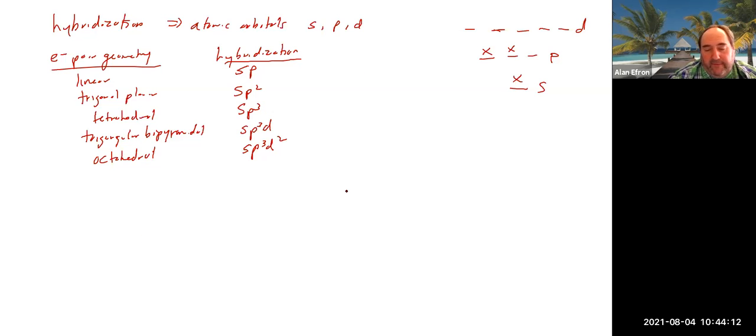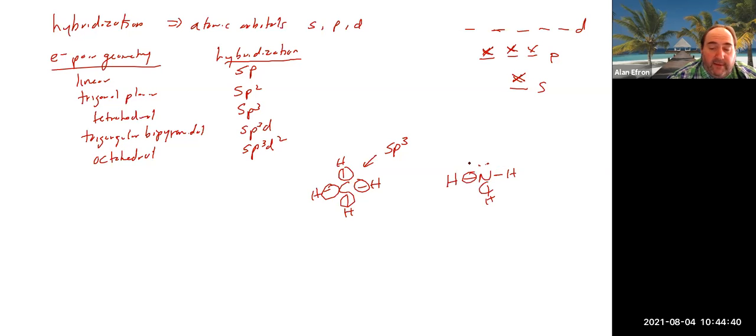So for example, if we looked at CH4, we have 1, 2, 3, and 4. You just start at S always. So 1, 2, 3, and 4 means that carbon is sp3 hybridized. If you had NH3, remember, it doesn't matter if they're lines or dots. 1, 2, 3, and 4 also would be sp3.